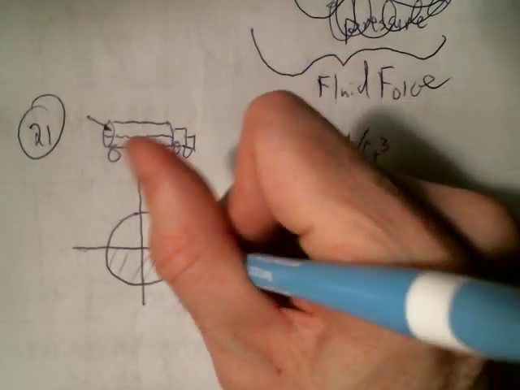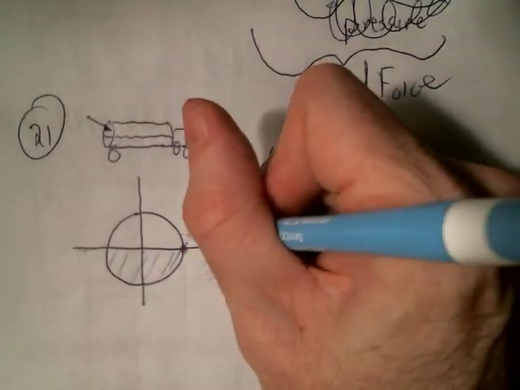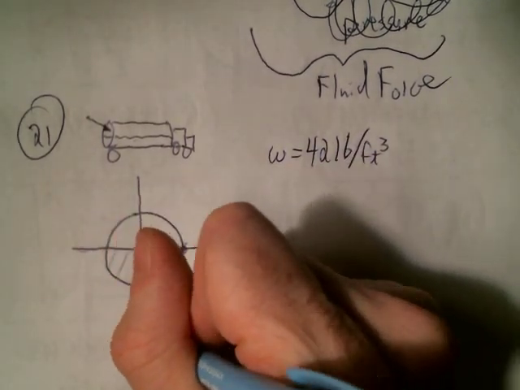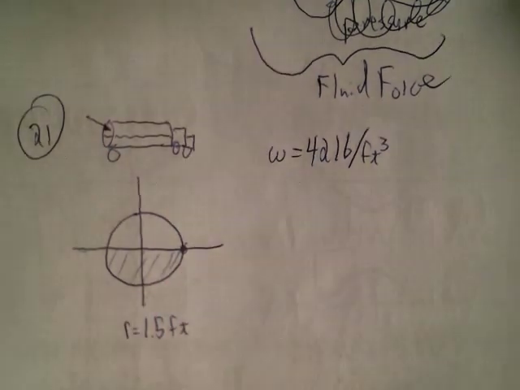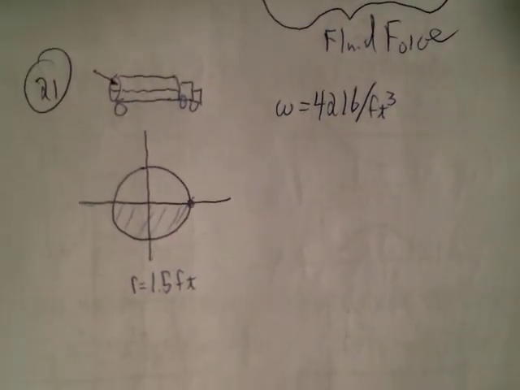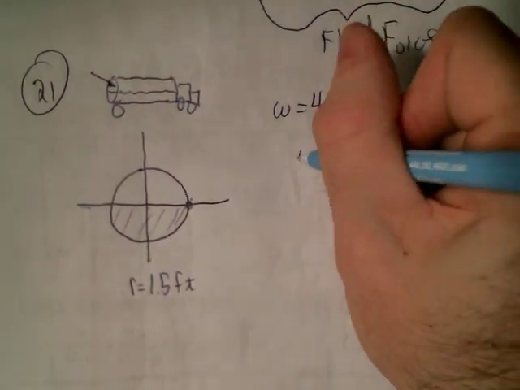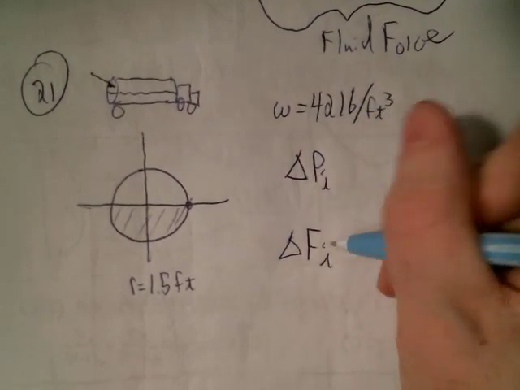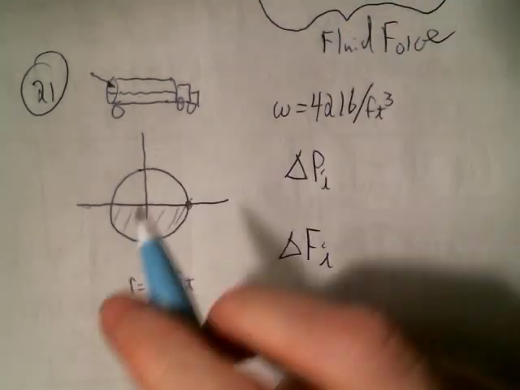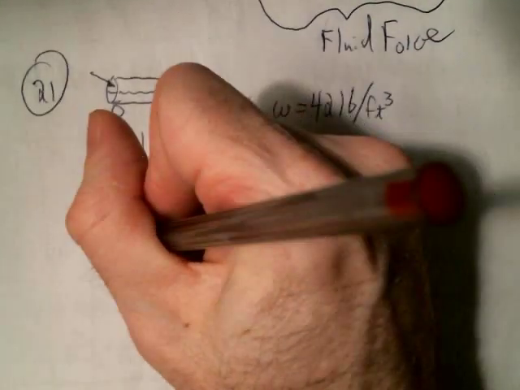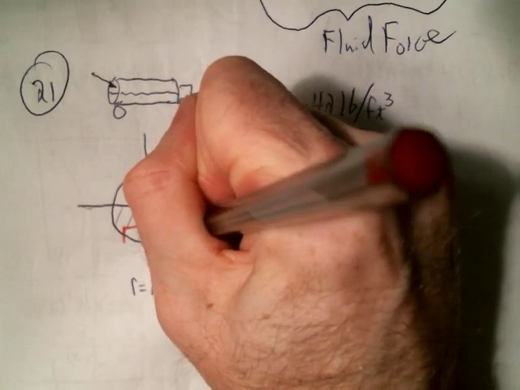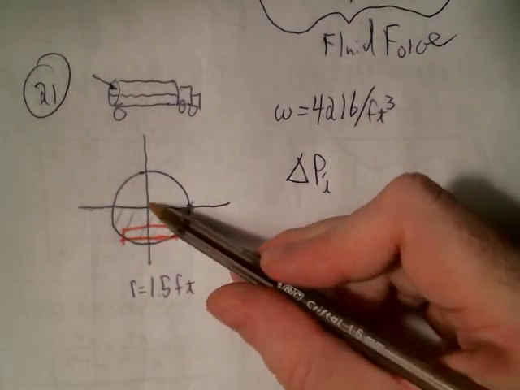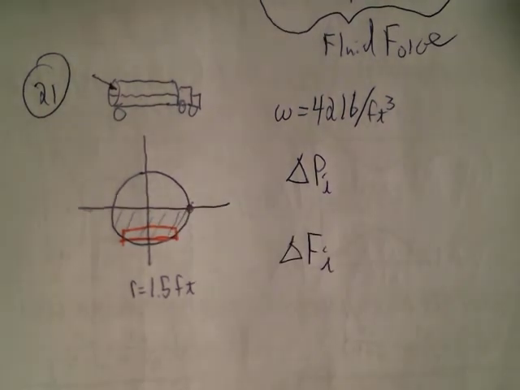So from here to here, it's 1.5. The radius of this particular plate is 1.5 feet. Okay, so again, you need to figure out your pressure increment and then get your fluid force increment, and then send your running man to collect all of those fluid force values for the particular rectangles from here this time to here.